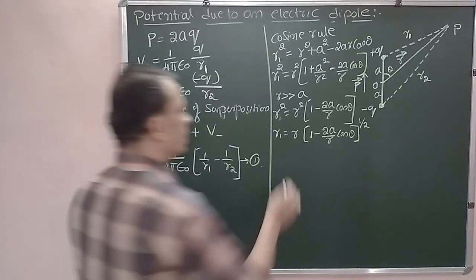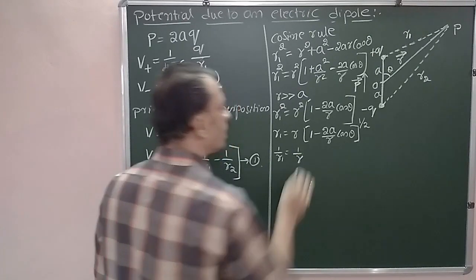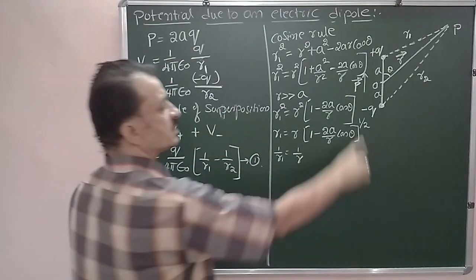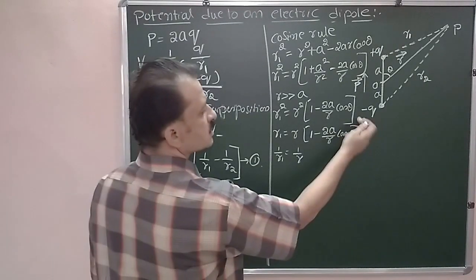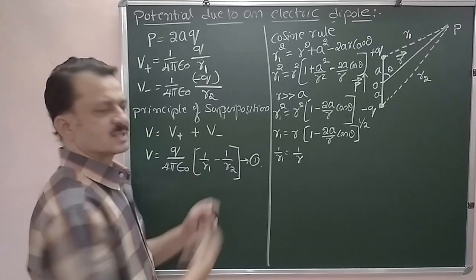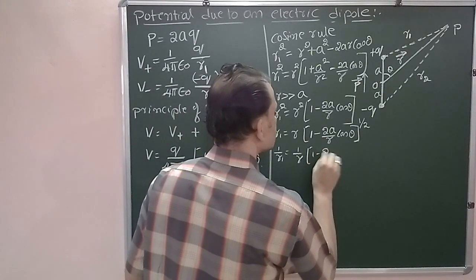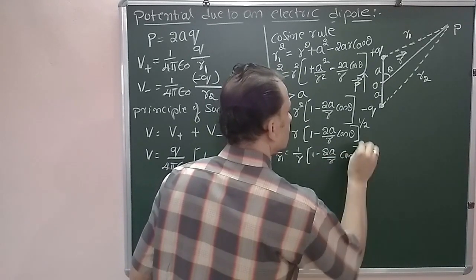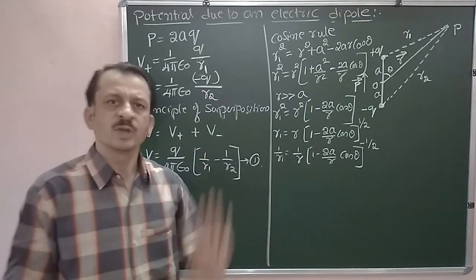Now take the reciprocal. Therefore 1 by r1 is equal to 1 by r into, the reciprocal of this means just change the sign of the power. Here the power is plus half. If you take the reciprocal, it becomes minus half. So therefore 1 by r1 is 1 by r into 1 minus 2a by r cos theta to the power of minus half after taking the reciprocal.